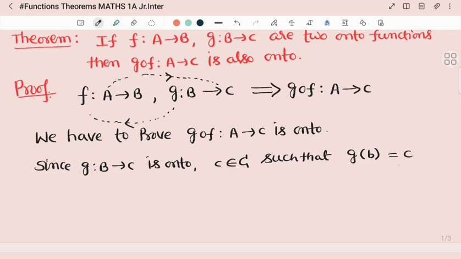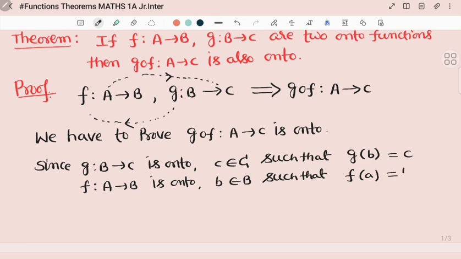C value, how to get, this is the way. Next, f is defined from A to B is onto, there exists small a belongs to capital A such that f of a equal to b.